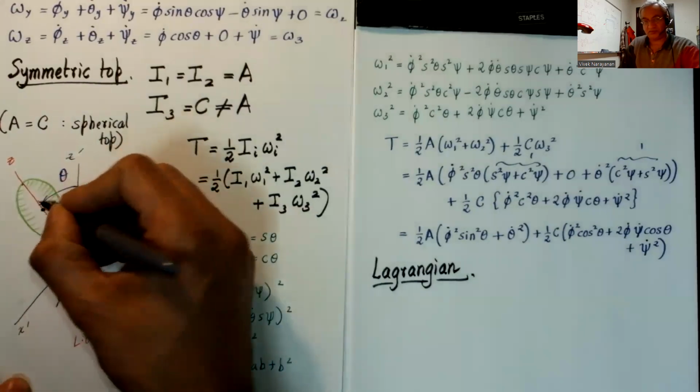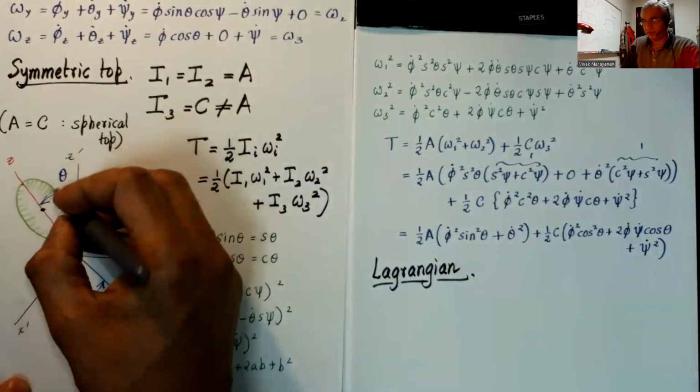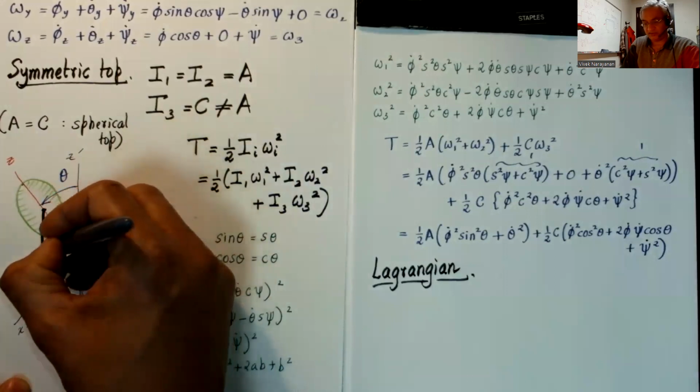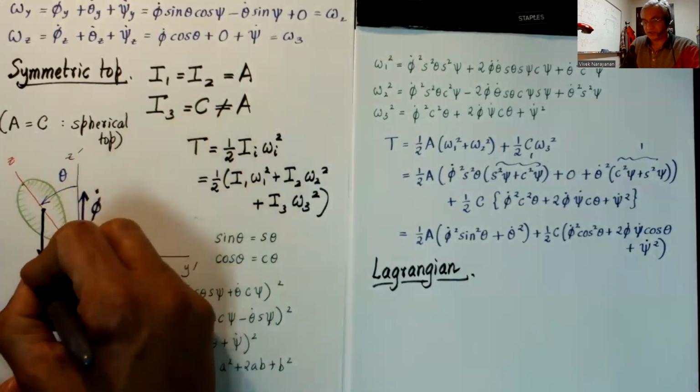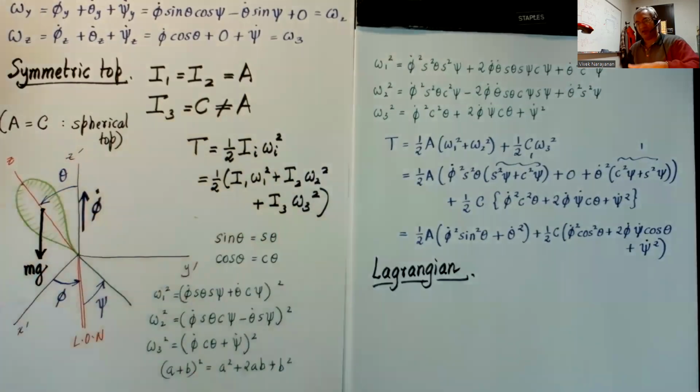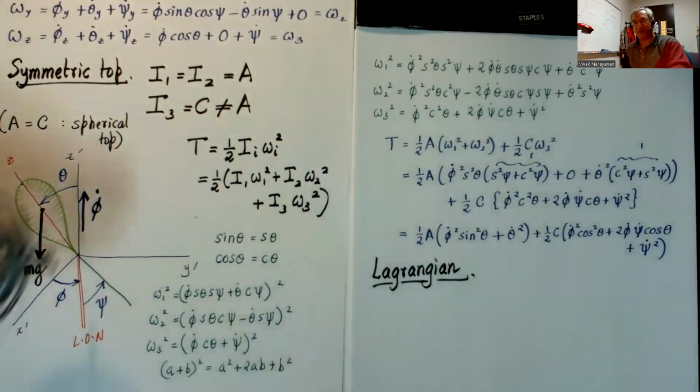Now this top, obviously being a rigid body, has got a mass. And for the sake of simplicity, we're going to assume the gravity acts in the negative z prime direction, as it did in my demonstration.